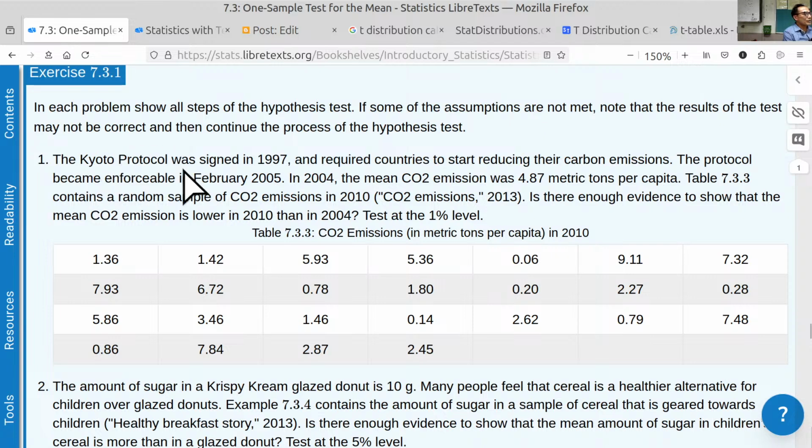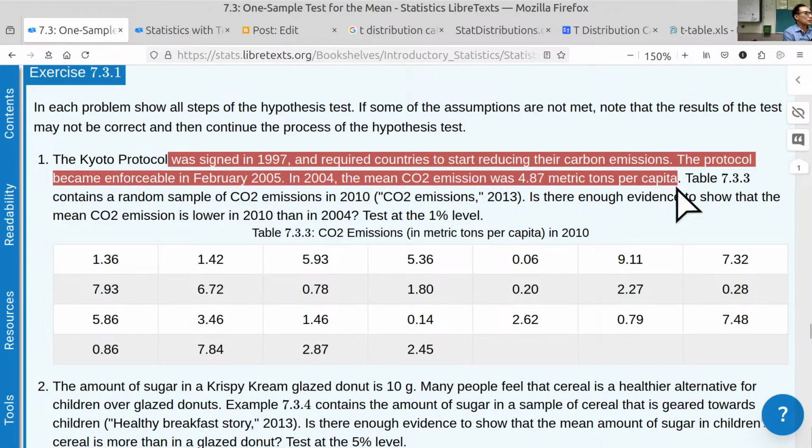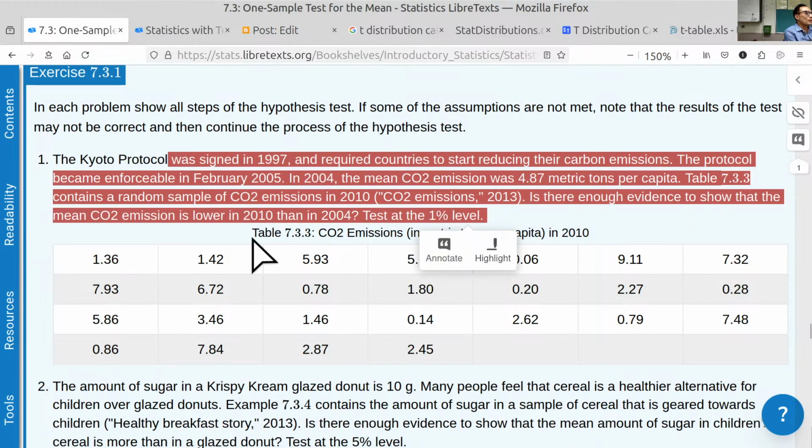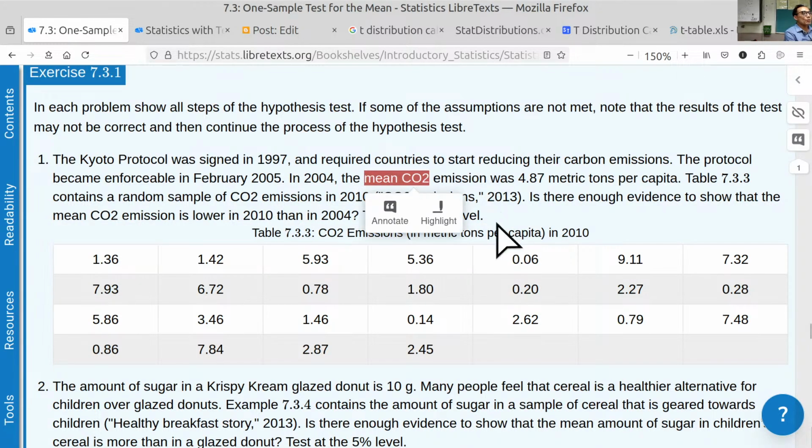The Kyoto Protocol was signed in 1997. It required countries to start reducing their carbon emission. The protocol became enforceable in February 2005. In 2004, the mean carbon dioxide emission was 4.87 metric tons per capita.